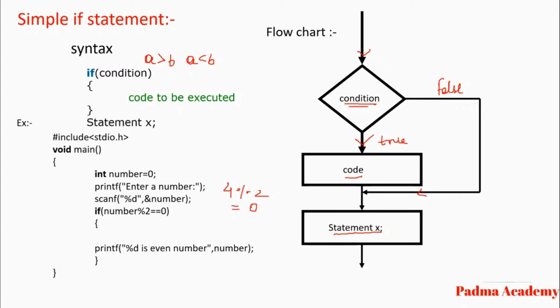If we divide 4 by 2, the remainder is 0. So 0 equal to 0, this condition is true. Then it will print the value of the number, that is, 4 is even number. This is all about the simple if statement.